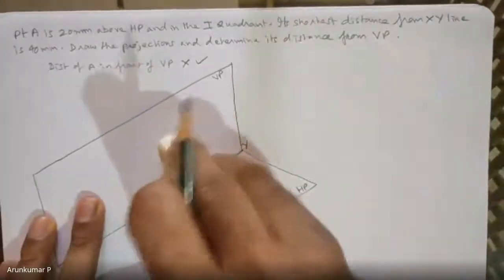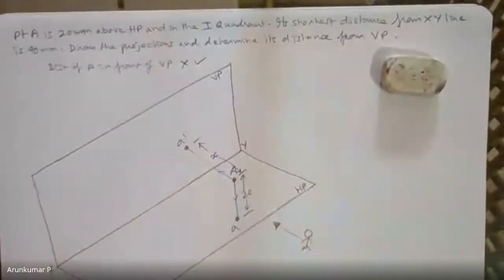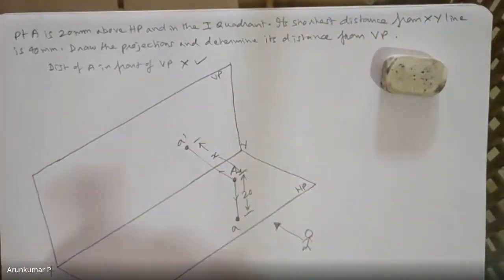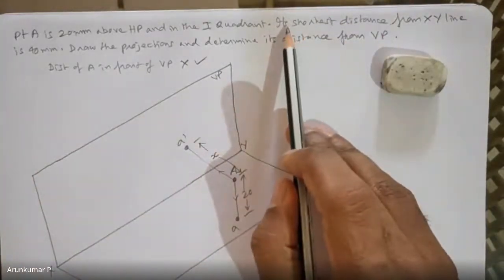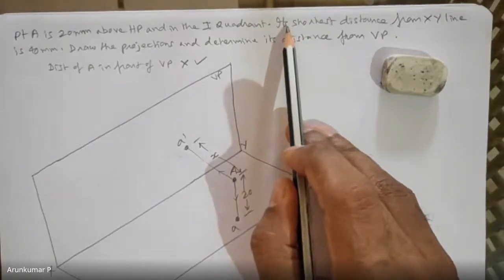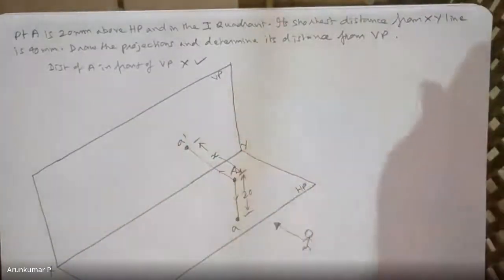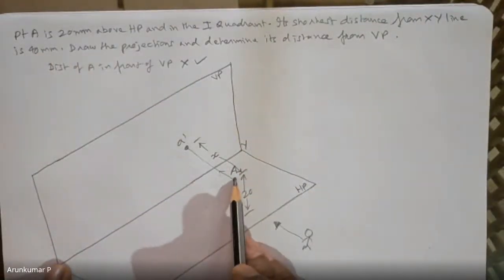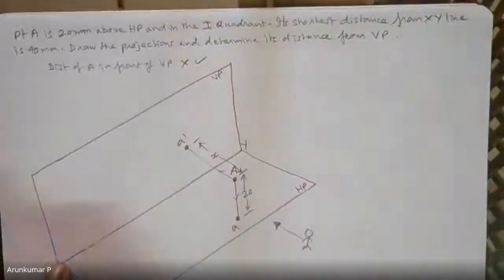What do you think is the shortest distance? Shortest distance from XY line is 40. Please observe, it's the shortest. What is it referring to? Point A. So the distance of A from XY line, shortest distance, is 40.